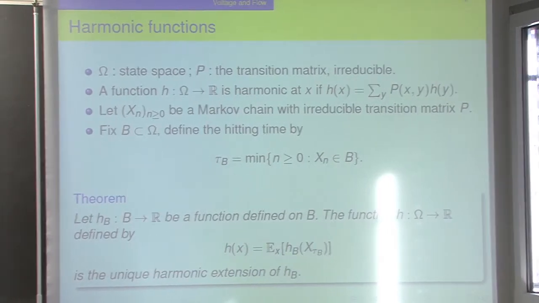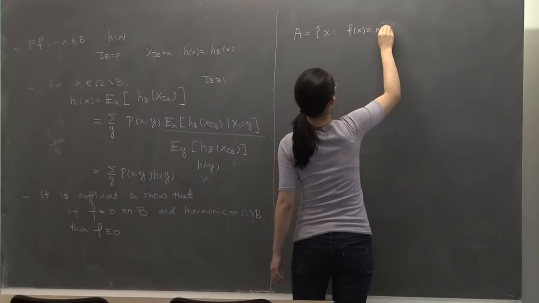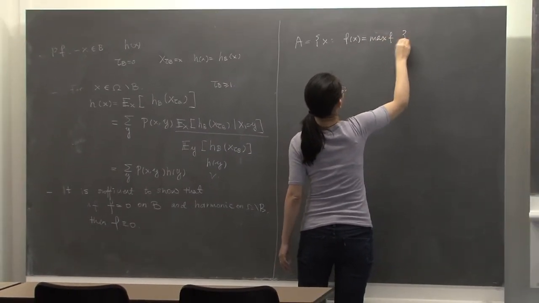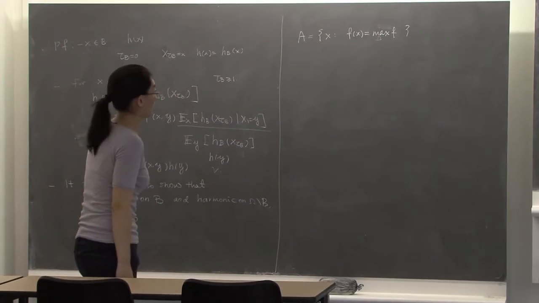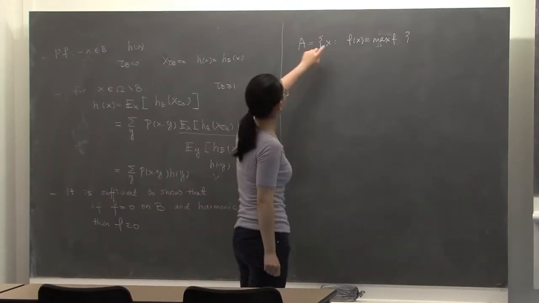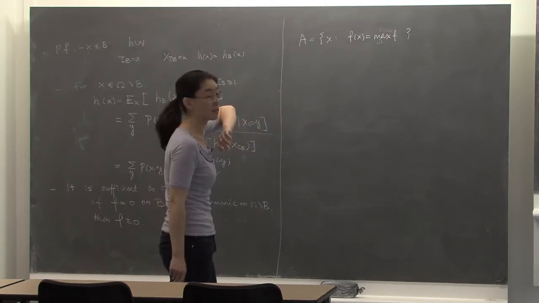Okay, so why is this true? The idea is the same as before. We look at the vertex where the function attains its maximum over the whole space.